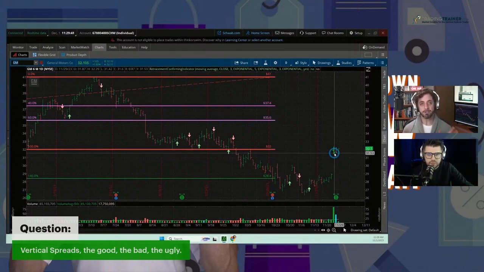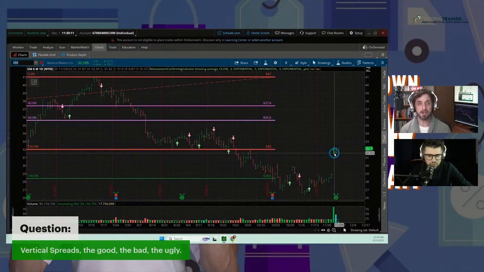The key is make sure you size your positions appropriately, right? Do the same analysis that I teach my program participants, which is, calculate how much risk is in the position itself. And in the case of a vertical spread, calculate 100% risk that you could lose it all.